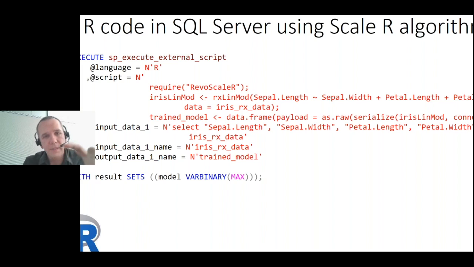So this is essentially the same piece of code, just using the ScaleR proprietary functions that are available in Microsoft R server, returning the same result. Imagine if you had a much larger data set, you would see that it is scalable. It can compute on much higher and much bigger data volume.